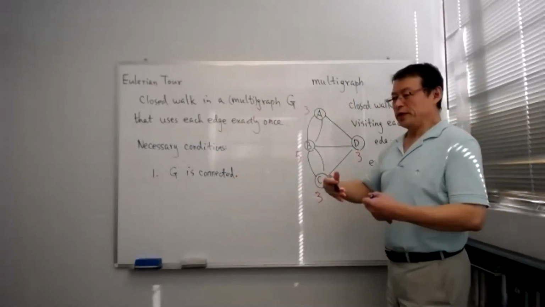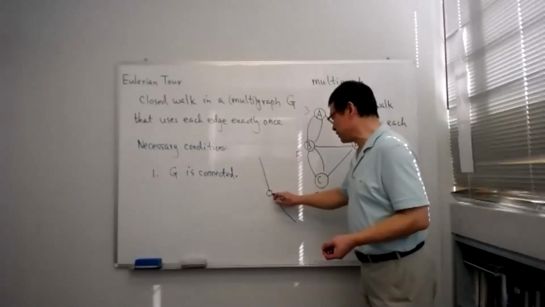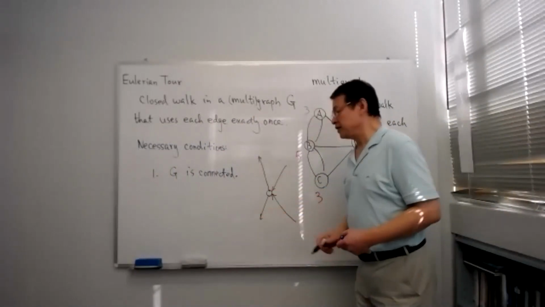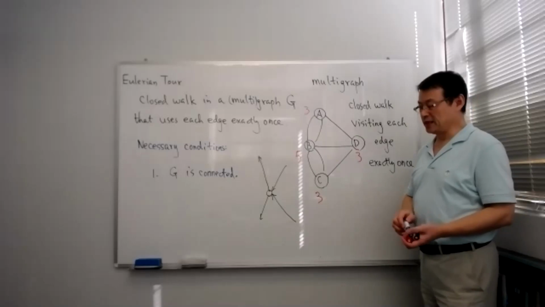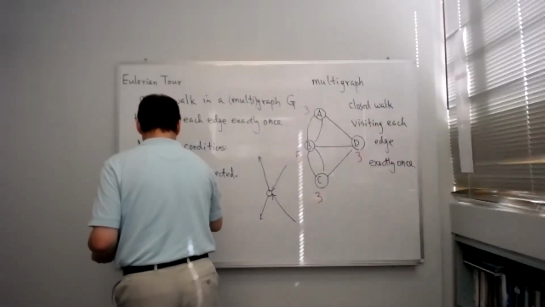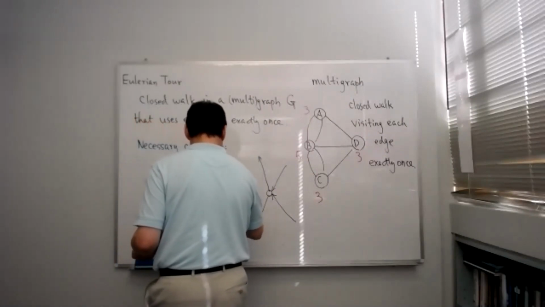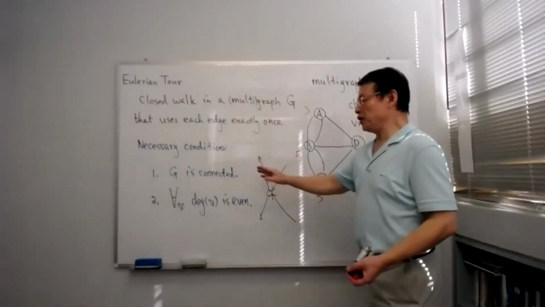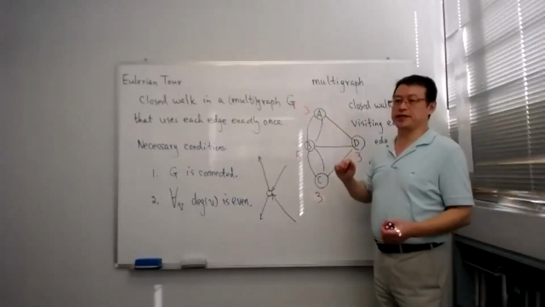Secondly, when we take a walk, once we go through a vertex, it takes two edges: come in, go out. Each time, come in, go out. So that means every vertex must be of even degree. These are trivial, obvious necessary conditions in order to have such a walk.